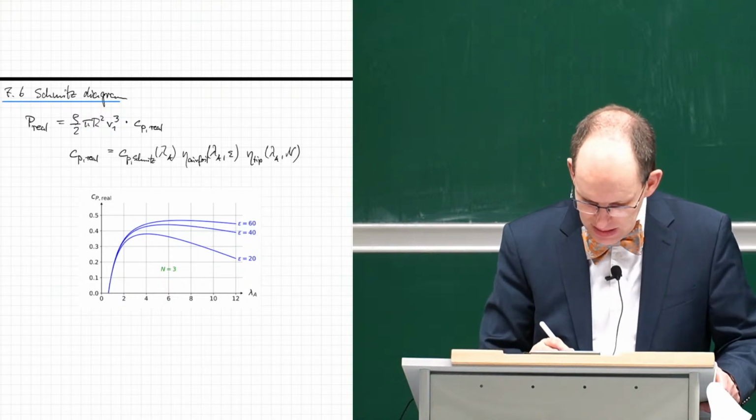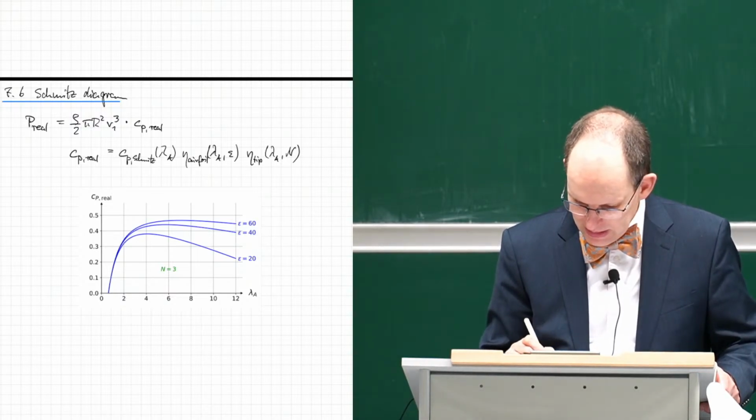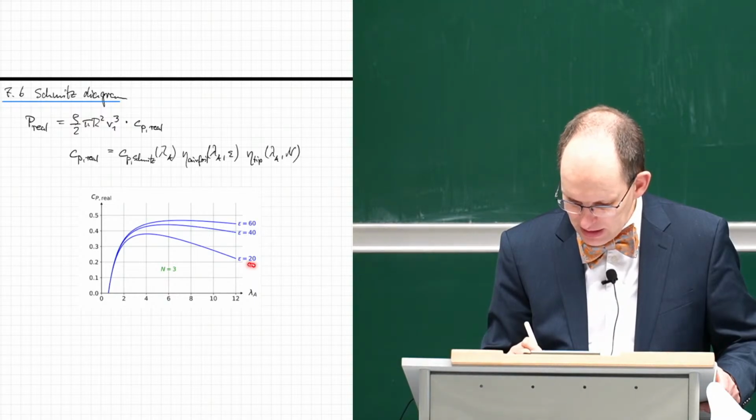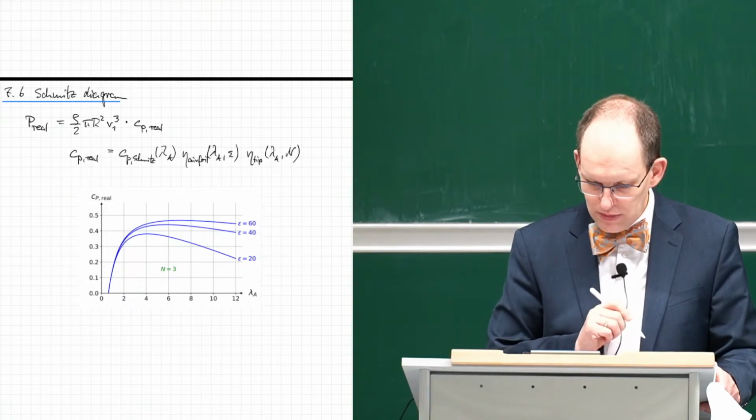And you see it depends on the glide ratio, and so the better the glide ratio, the higher tip speed ratios you can afford. Right?